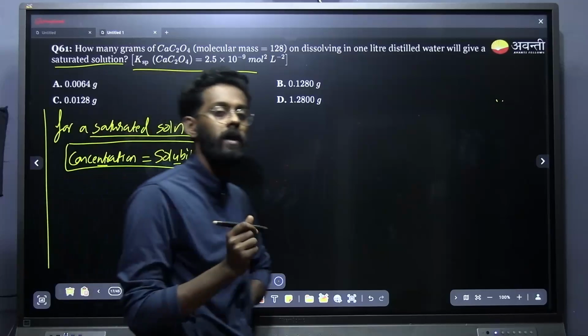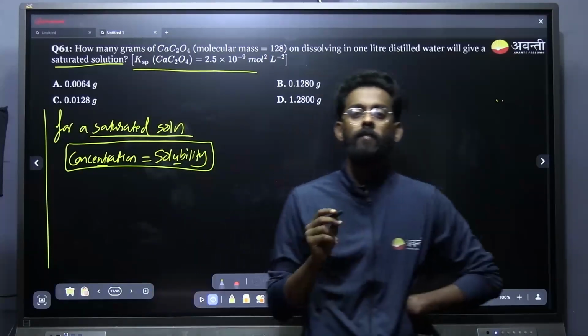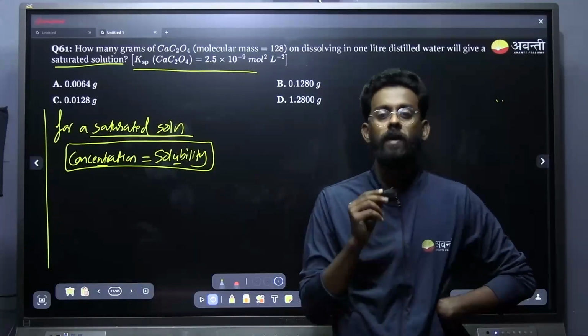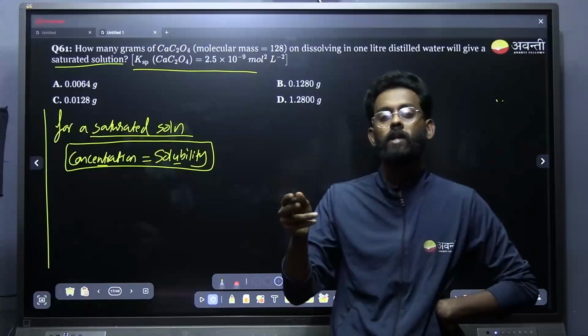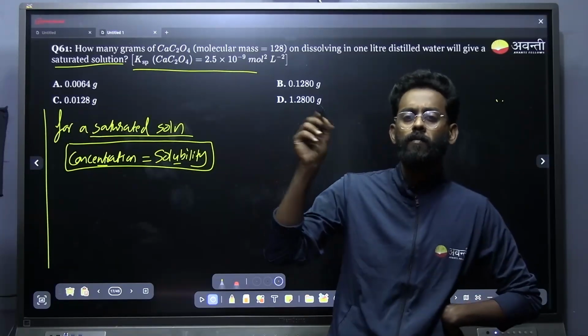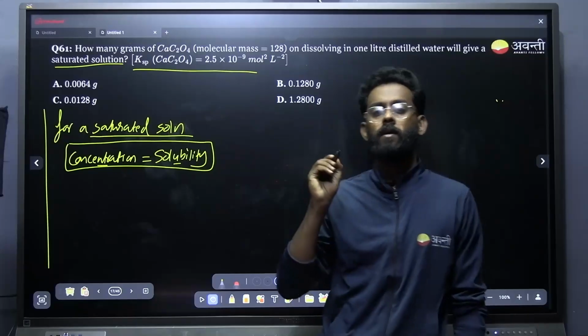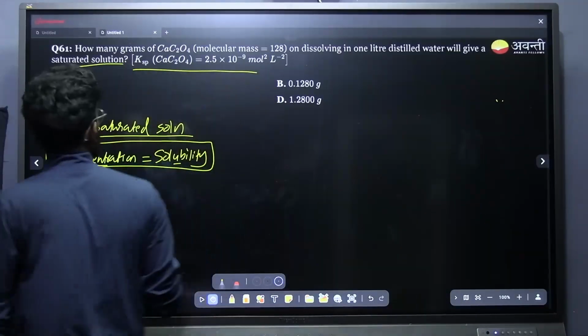Concentration means we will find the molarity, and from the molarity we can find the number of moles, and from the number of moles we can find the mass of the CaC2O4.